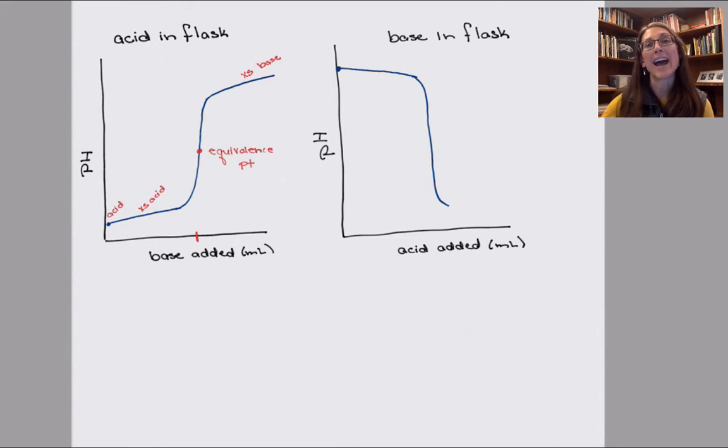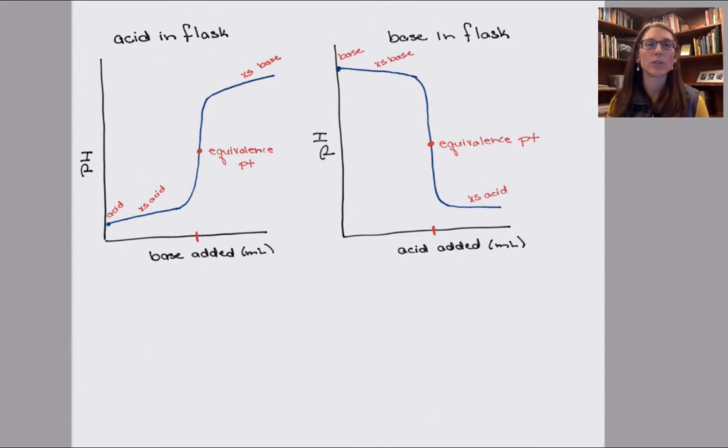And then as you continue to add excess acid, that pH will stabilize, but it's now acidic, being determined by that excess acid. And that real sharp change is a characteristic of a strong acid, strong base titration, in titrations in general, but you will see a nice, well-defined jump in pH.